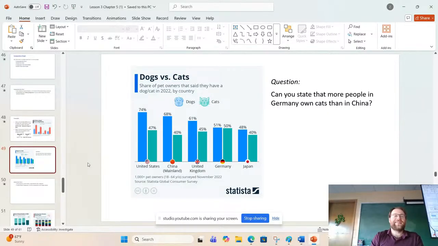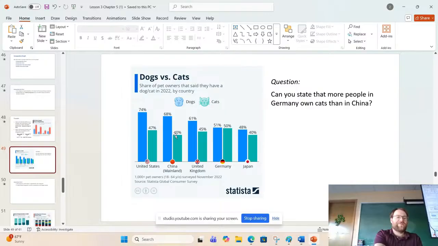Exactly. If it was just what percent more, then it would be Germany. Sorry, for some reason I thought there was a stated, like, we asked 100 people. But no. That's okay. Because the idea is you can only compare percentages if they have the same population.